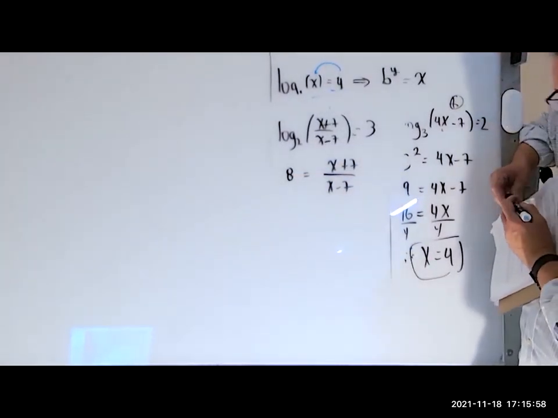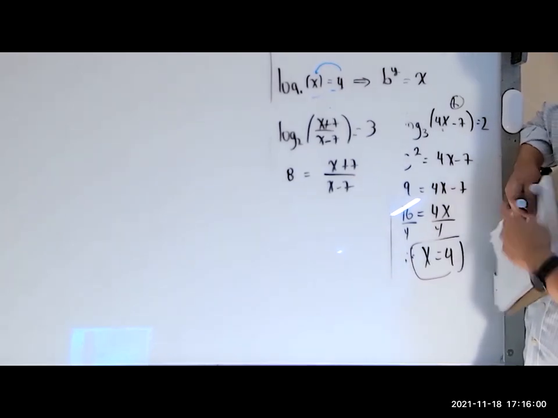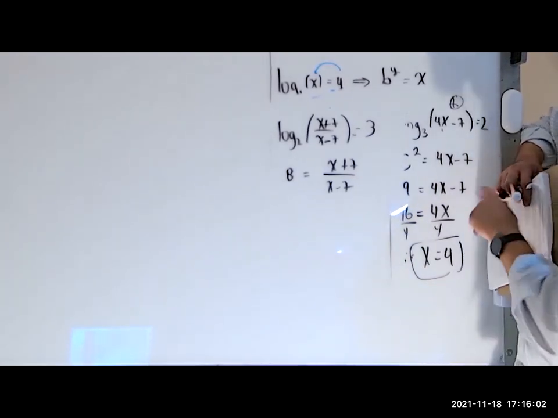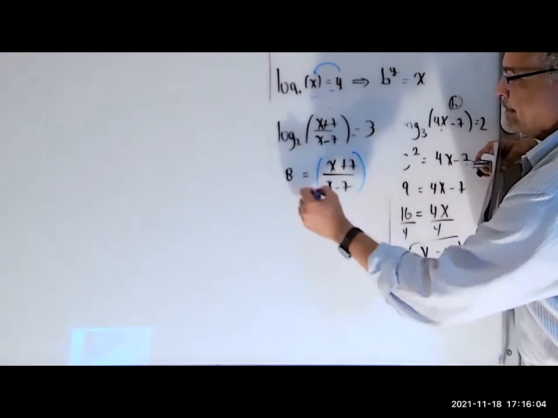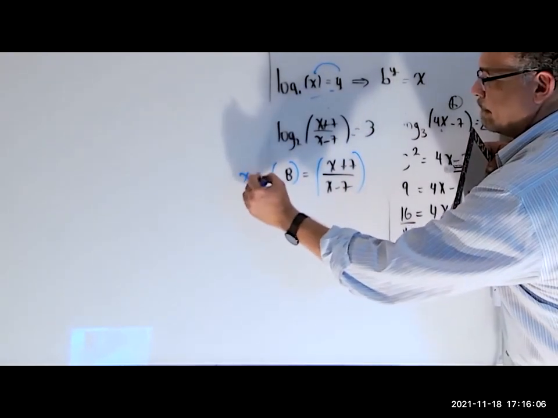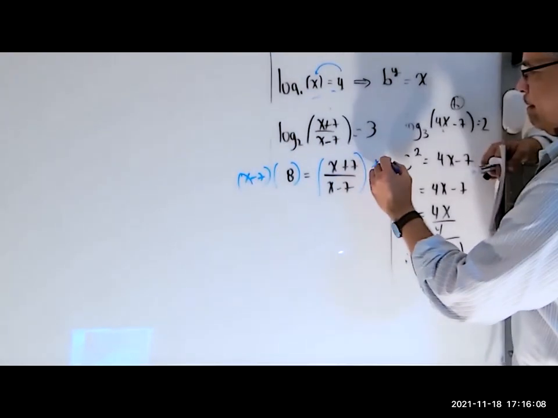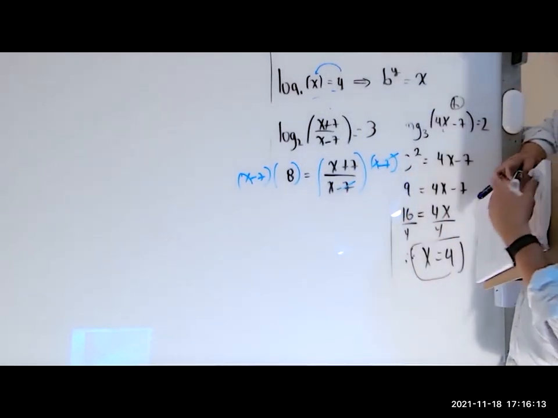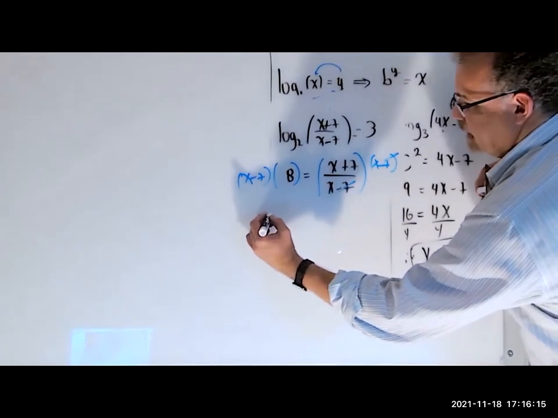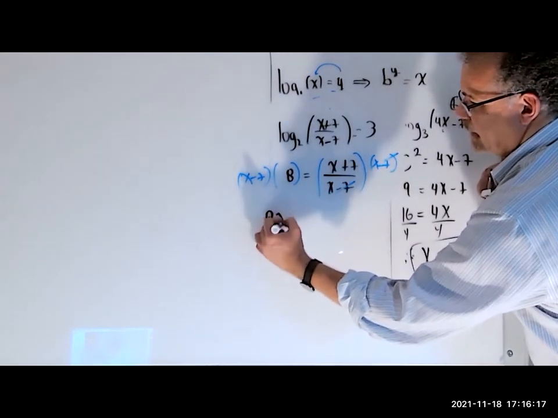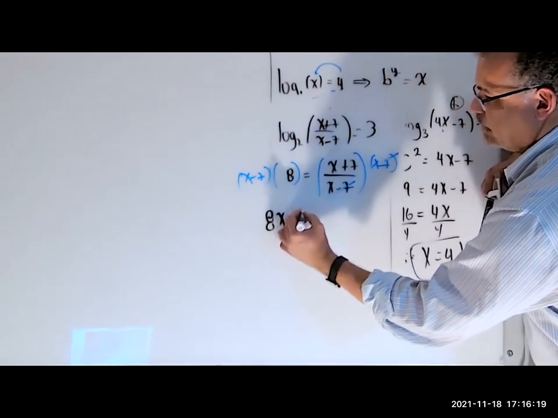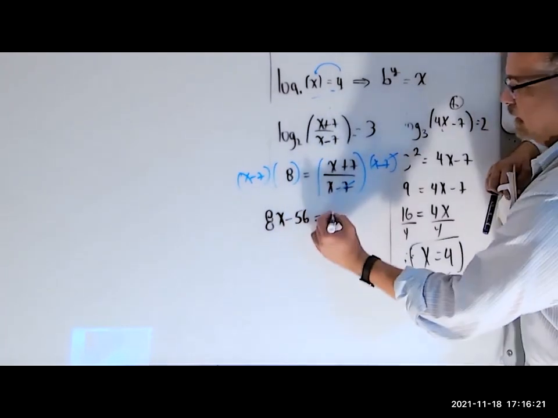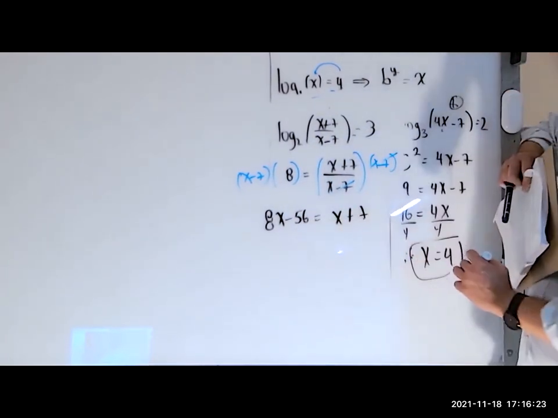And now we multiply by the LCD. In our case, the LCD is x minus 7. It cancels here. So what do I have on the left-hand side? 8x minus 56 equals x plus 7.